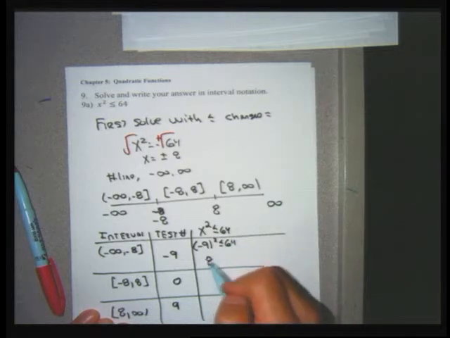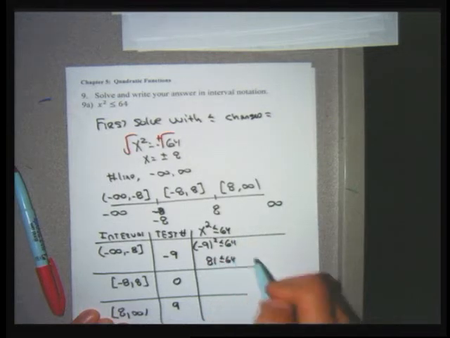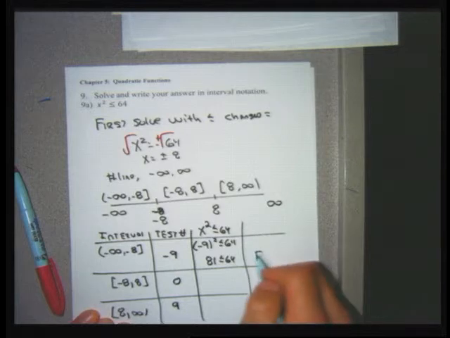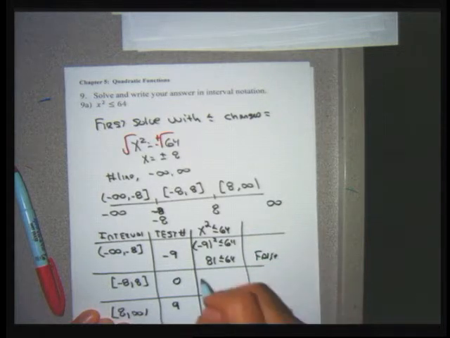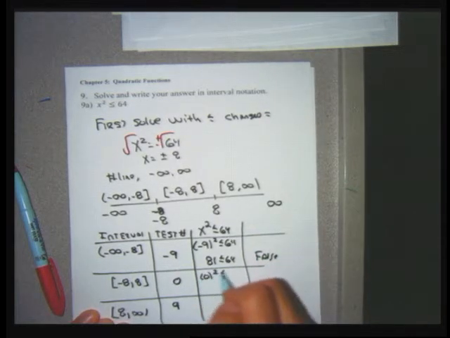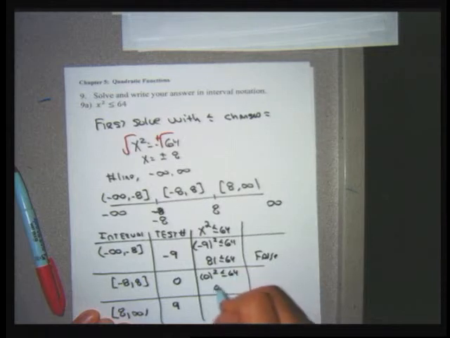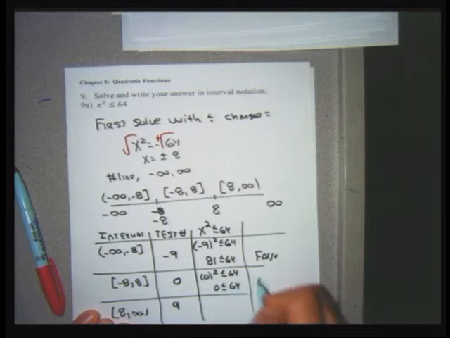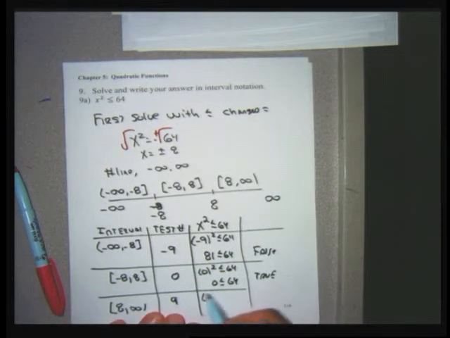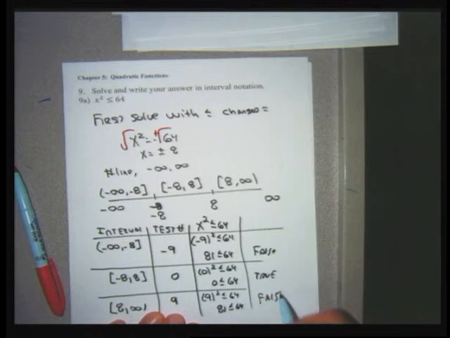That's going to say 81 is smaller than 64. That's false. The next one, 0 squared is less than or equal to 64. That says 0 is smaller than 64, which is true. And the last one, 9 squared is less than or equal to 64. That tells me 81 is smaller than 64, and that's false.